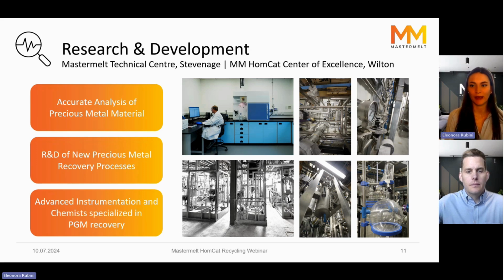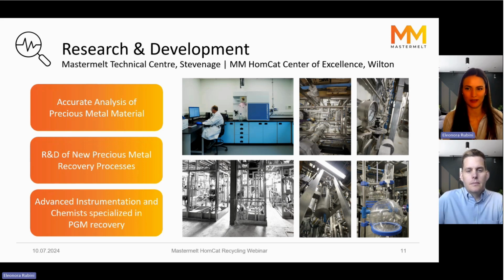as I was saying earlier. These centers were created to accurately analyze the precious metals of materials and develop new recovery methods for customers' waste, which contained the PGM. And we use advanced instrumentation and have specialists in PGM chemistry and recovery.